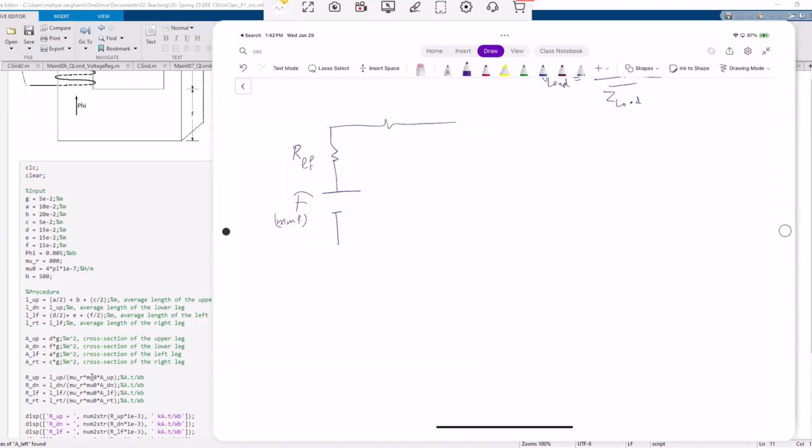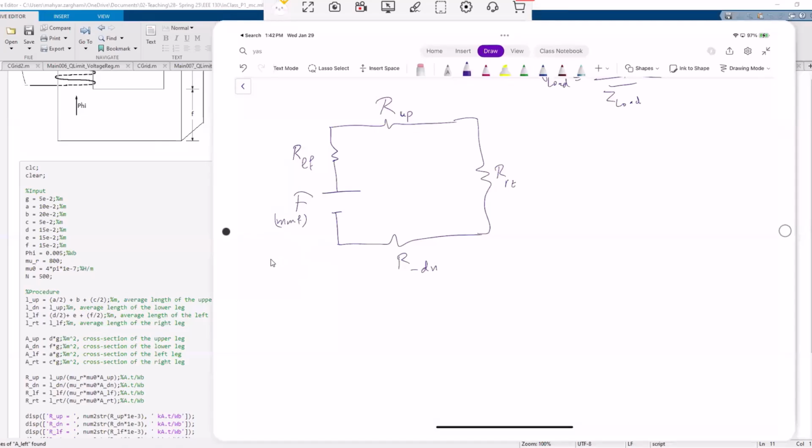Then you have a reluctance here on the upper side, a reluctance on the lower side, and a reluctance on the right-hand side, right? So technically, these are all in series together.